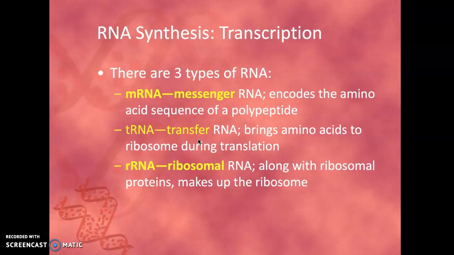It's going to transfer amino acids that are just kind of floating around in the cytoplasm. It's going to bring the appropriate amino acid up to the ribosome during translation. And then rRNA is important, but we're not going to be using it very much. It's ribosomal RNA. It is literally what makes up the ribosome.